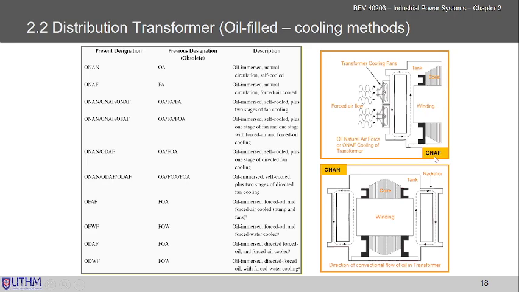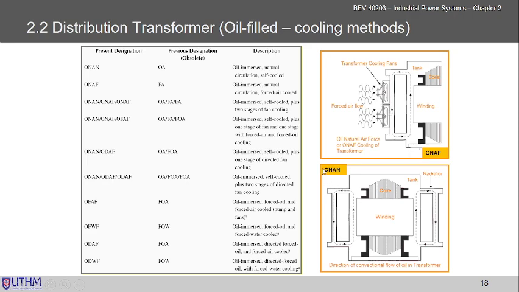O N A F, so this is the external cooling, and the medium is A, which is the natural air. And the mechanism is using the fan. So this is your cooling fan. This is how we read the cooling methods for the distribution transformer.